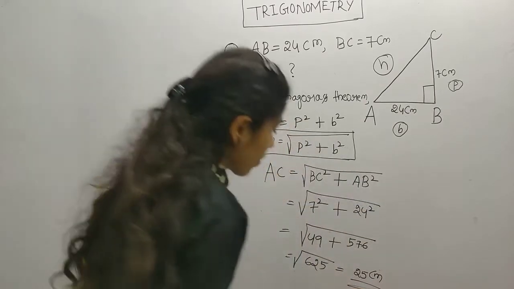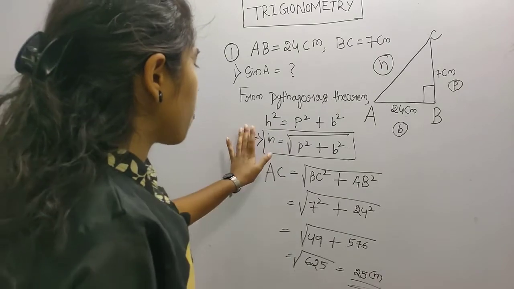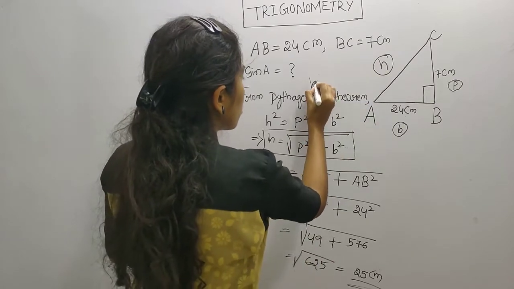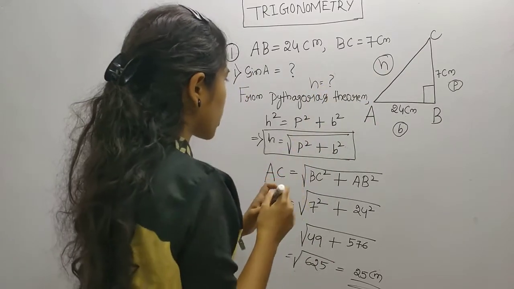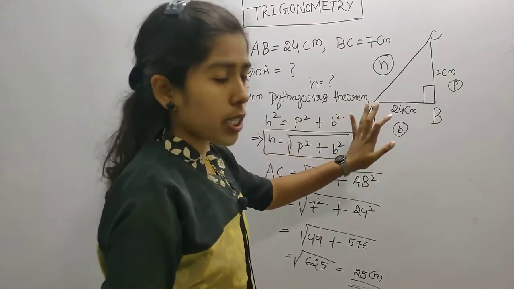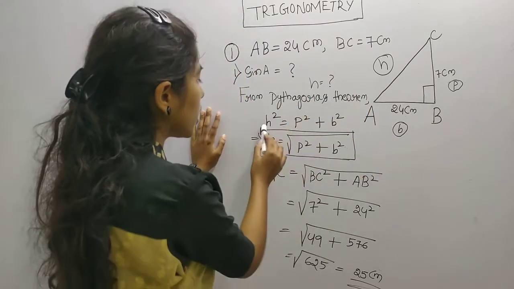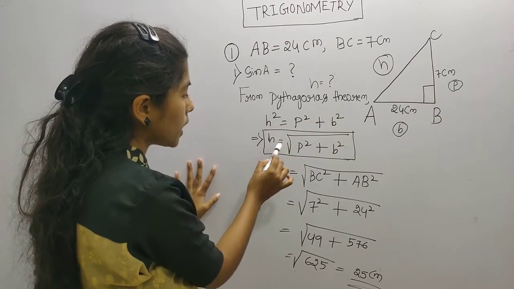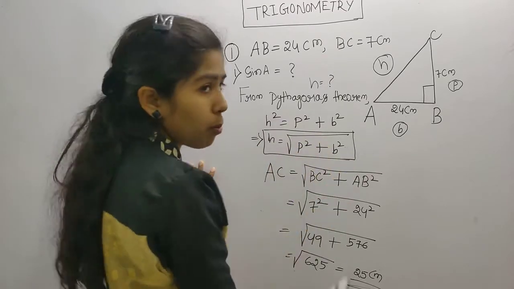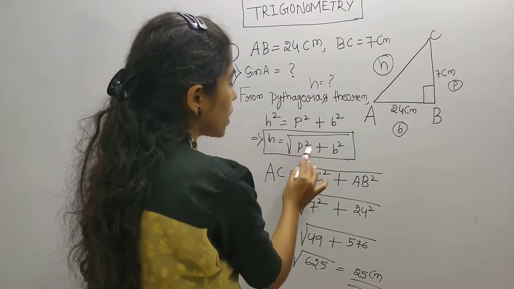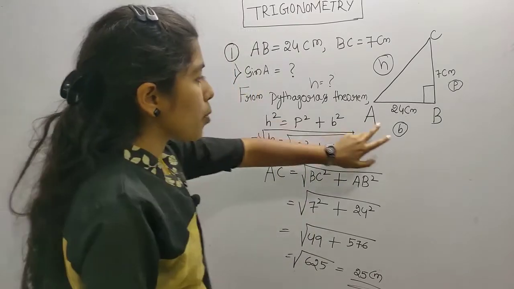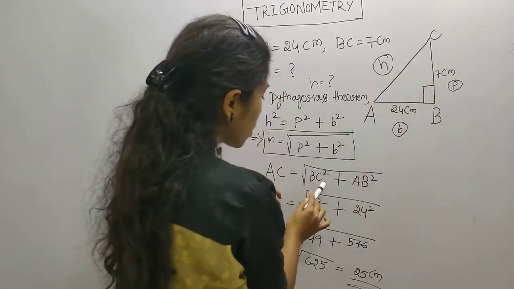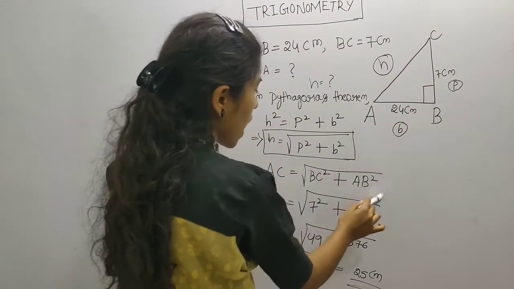25 cm. See what I have done. First I have written what we need. Here H is missing, so H is the question mark, the hypotenuse. One theorem is there, the Pythagoras theorem. From that, one formula is H square equals P square plus B square. Next, the square will go to the other side and become root, so H equals root of P square plus B square. Which is the hypotenuse side? AC. So AC equals the root of BC square plus AB square.